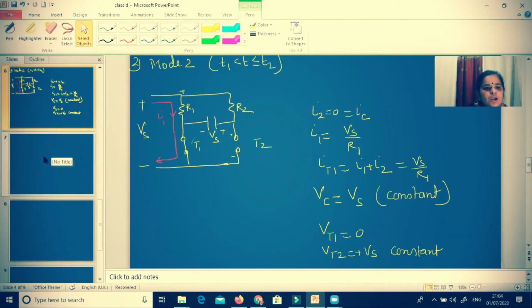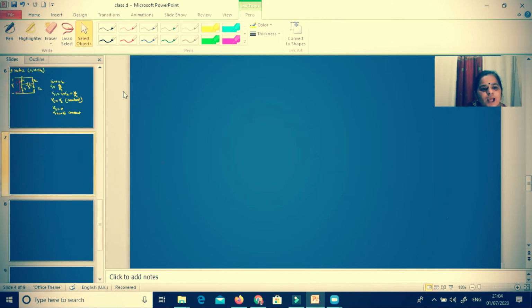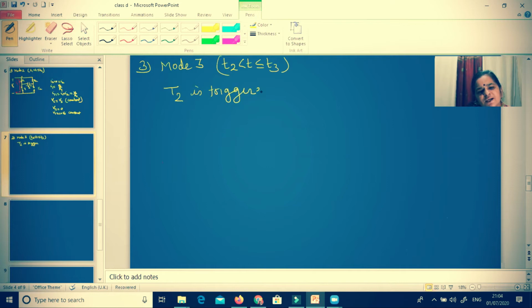Now let us talk about the next mode, mode 3, which exists from T2 to T3. In this mode, T2 is triggered. T2 was already forward biased at the end of mode 1 and remained forward biased in mode 2, but it was not on as the triggering pulse was not given to T2. So at the beginning of mode 3, the gate pulse is given to T2.